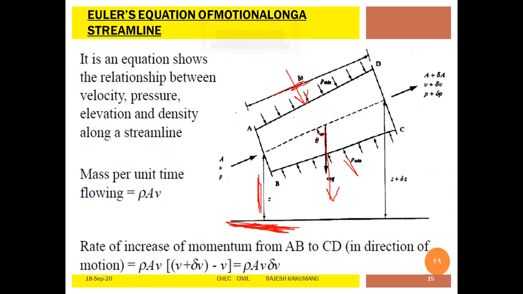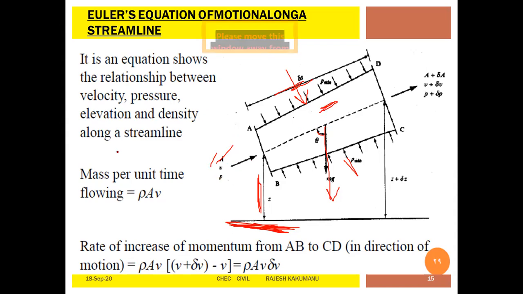Now see, the equation shows the relationship between the velocity, pressure, elevation and density along the streamline. So what is the equation showing here? The equation gives the relation between the area, velocity, pressure, elevation and density along the straight line.